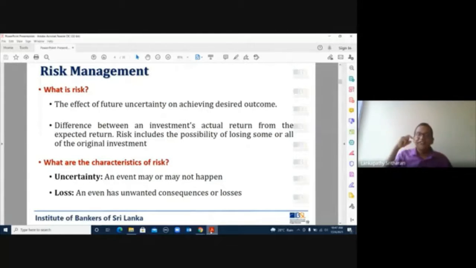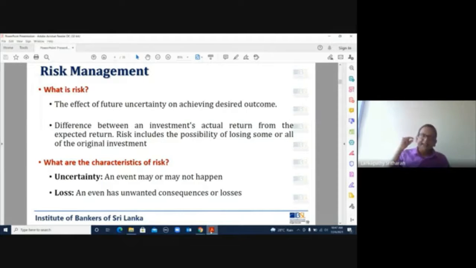If it is a favorable event, then it will not be considered a risk. So the adverse difference between an investment's actual return and the expected return is called risk. Risk includes the possibility of losing some or all of the original investment also. Our third scenario is also considered a risk.